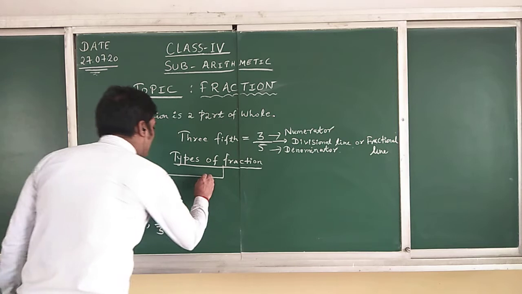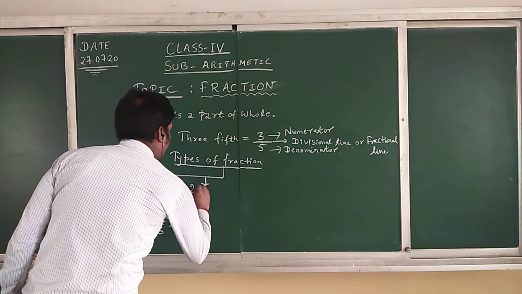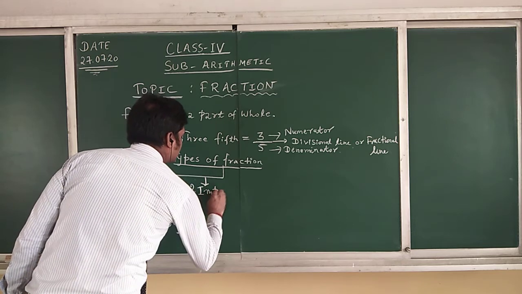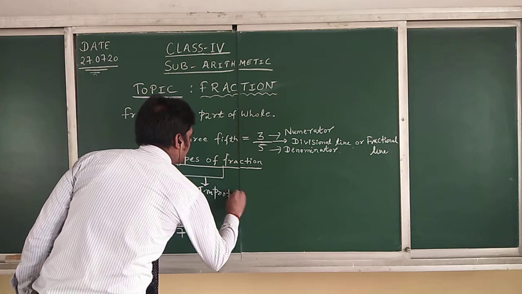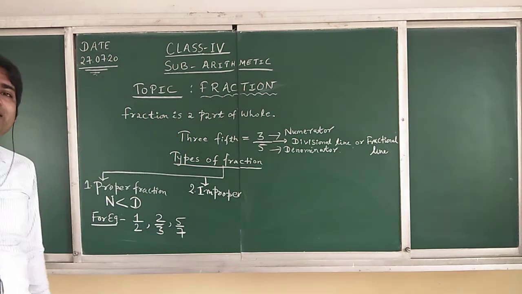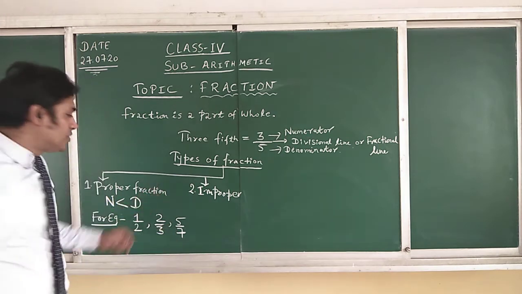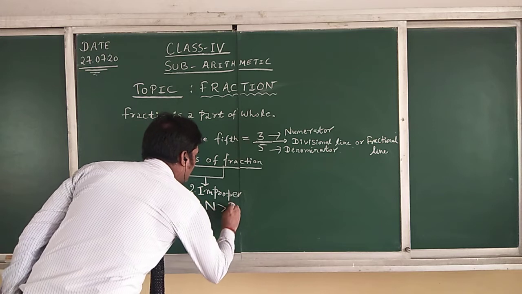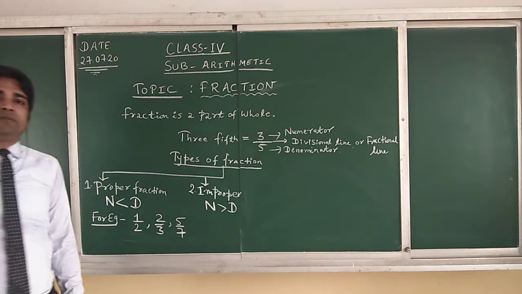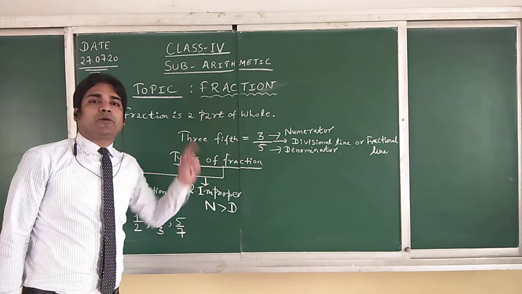Now the second type of fraction is known as improper fraction. What is this improper fraction? Just the reverse of the proper fraction. When the value of the numerator is greater than the denominator, we call that fraction an improper fraction.